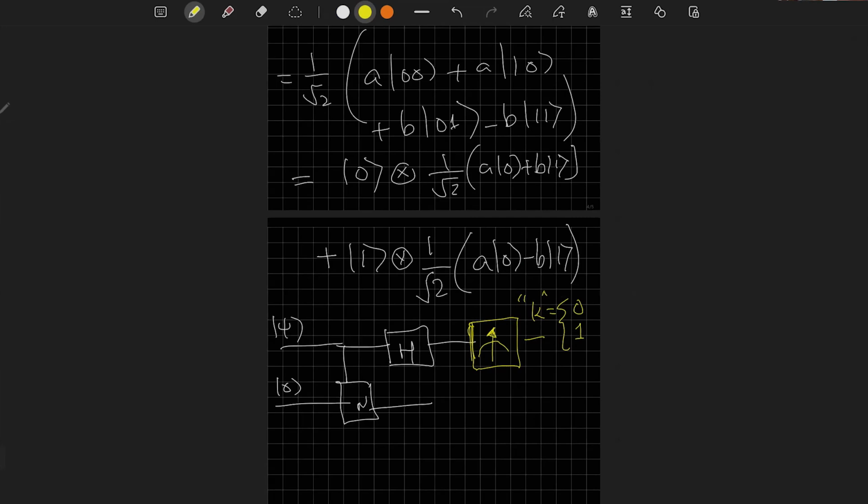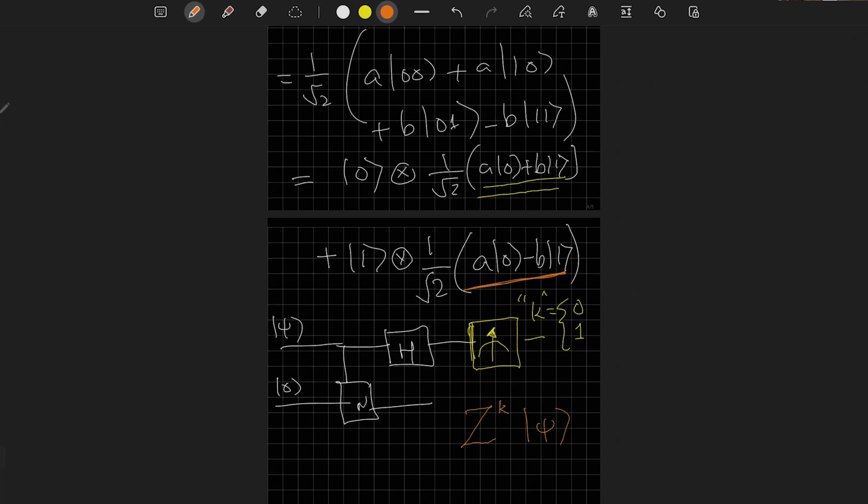Now, if the output is 0, the second qubit will collapse into the original quantum state. And if the output is 1, k equals 1, then the second qubit is in the state with a Z gate applied. So the second qubit is in the state Z raised to power k applied on the original.